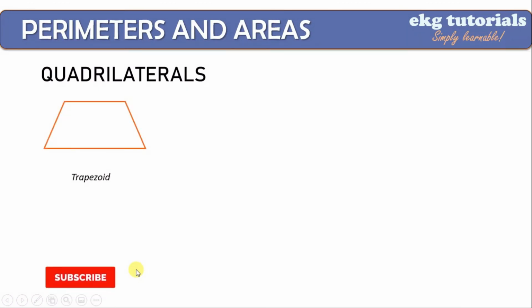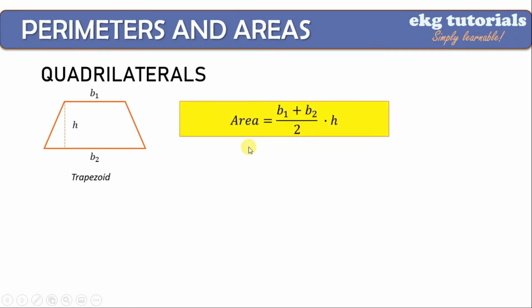Now, another quadrilateral na hindi base times height yung formula will be the trapezoid. For a trapezoid, meron siyang dalawang bases, base 1 and base 2, and this particular perpendicular height. So, to solve for the area of a trapezoid, yung kanyang formula naman is ganito.